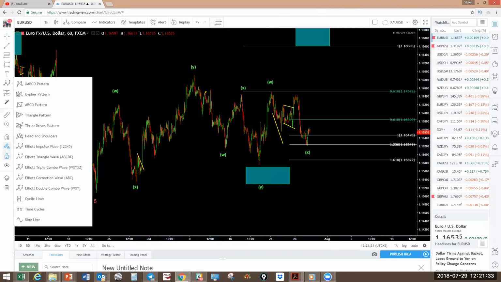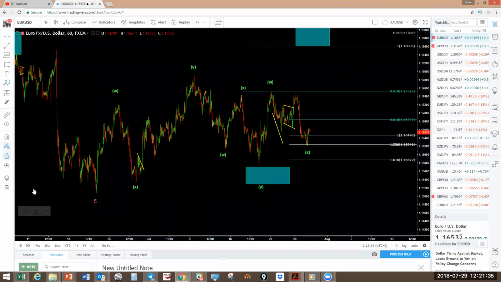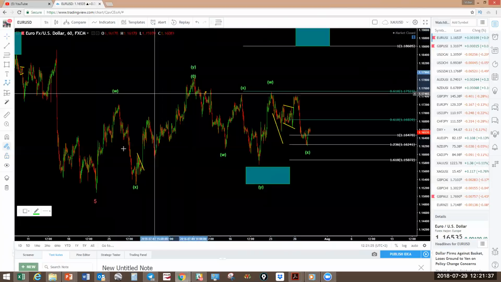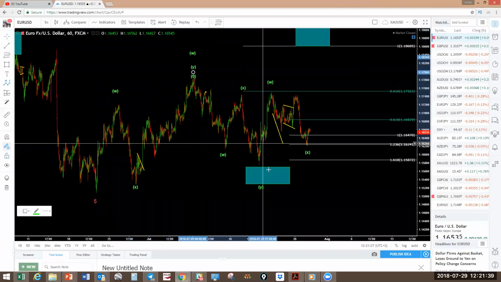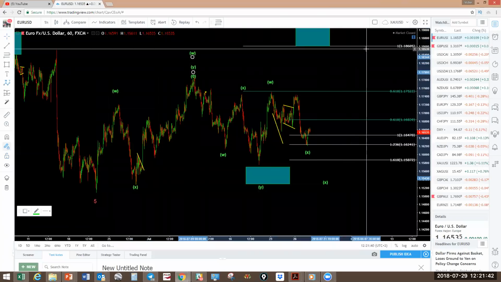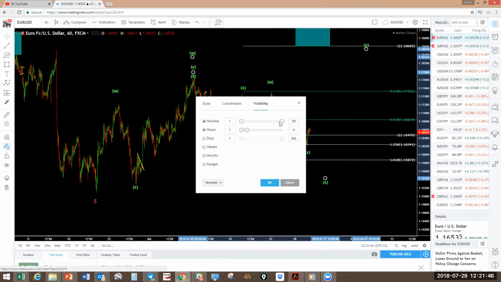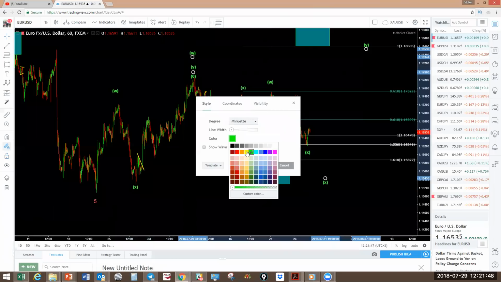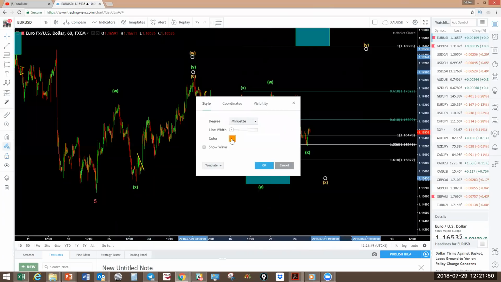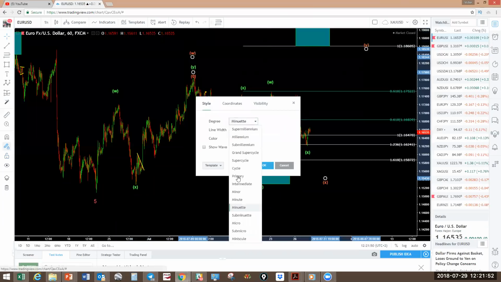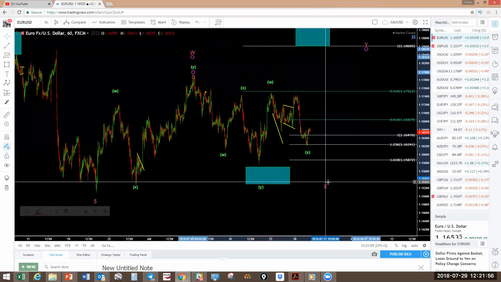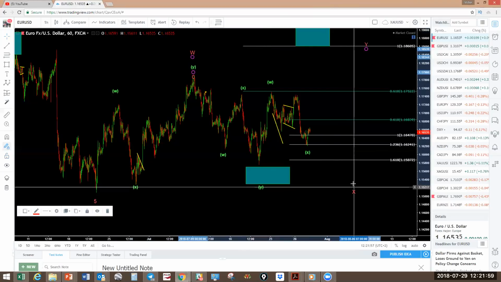Let's get my WXY here, in red. Red minor. Okay, so this is what I mean here. There's a possibility that your X is only here.